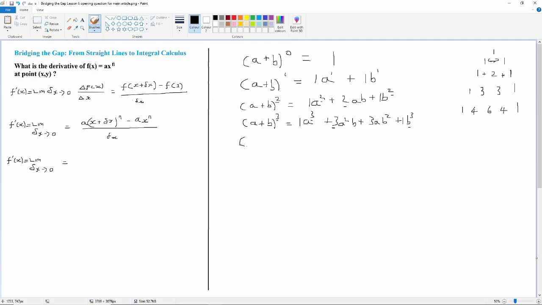And so that would be the coefficients of (a + b) to the power 4. So we could write (a + b) to the power 4 is equal to 1 times a to the power 4 plus 4 times a cubed.